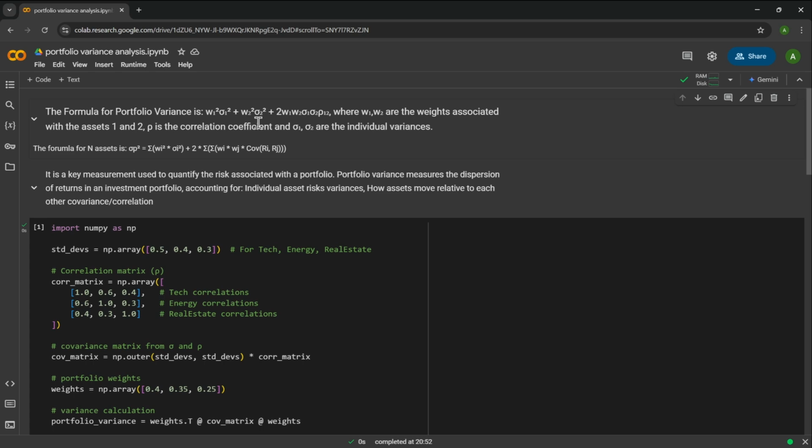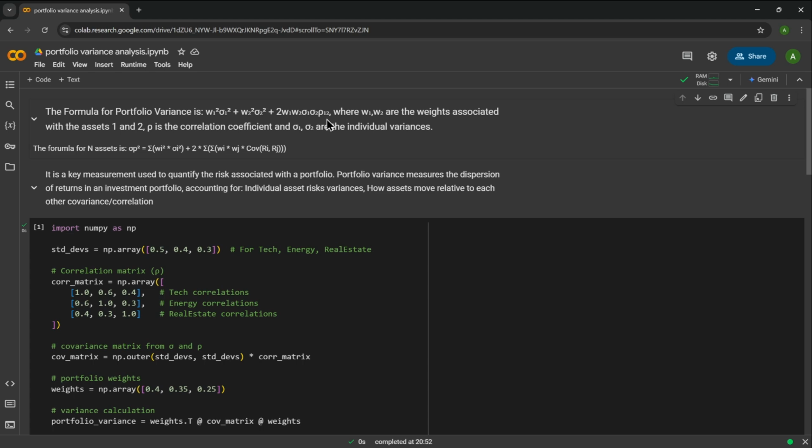And then we have rho, which is called the correlation coefficient, which gives you a number that indicates whether the assets are positively correlated or negatively correlated. If it's greater than zero, it's positively correlated, which essentially means that, let's say, if asset one and asset two have a correlation of 0.8, which is a very strong correlation, it just means that when asset one's price goes up, asset two's price will also go up.